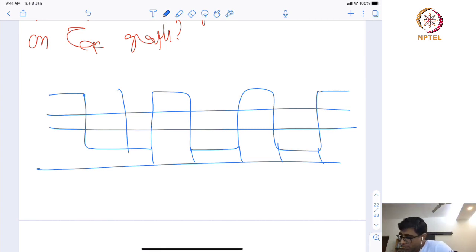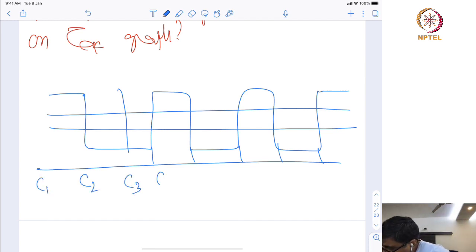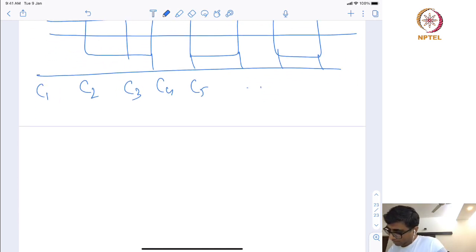This is column 1, column 2, column 3, column 4, column 5, and so on. Maybe let's try to do it for a path itself. We will try to do this a little bit later. Let's do it for a path itself.